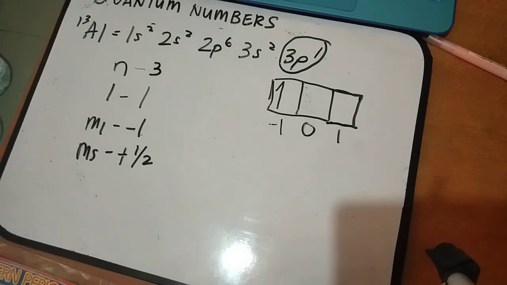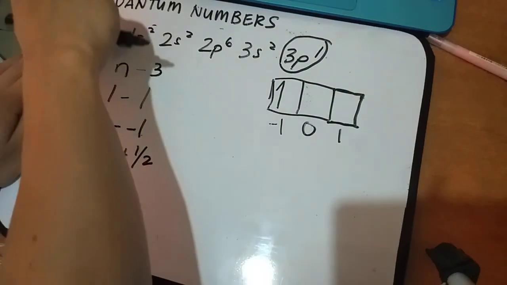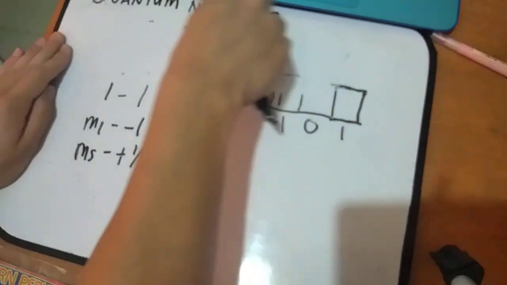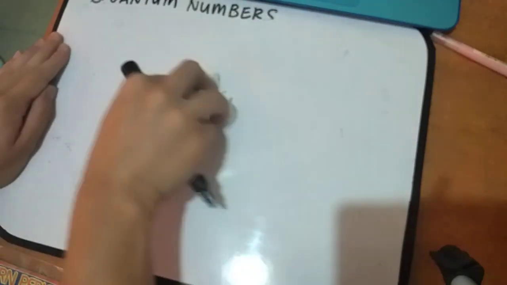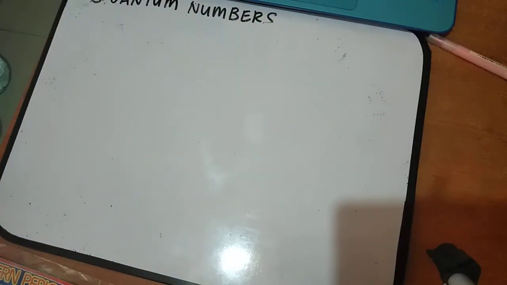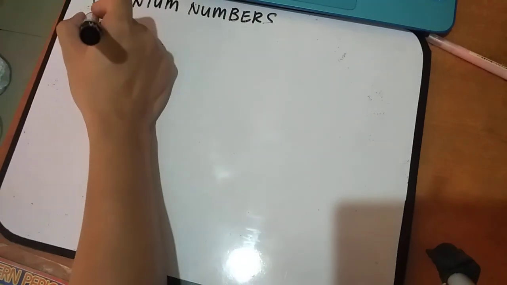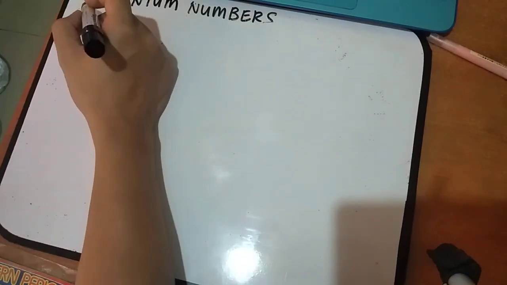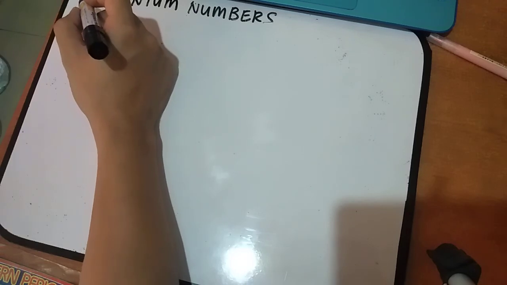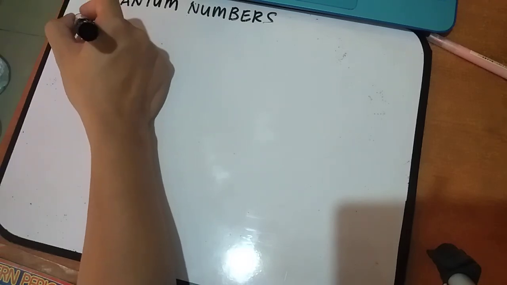Now, let's try to have one more example. Okay, so let's have Scandium, SC, which is 21.